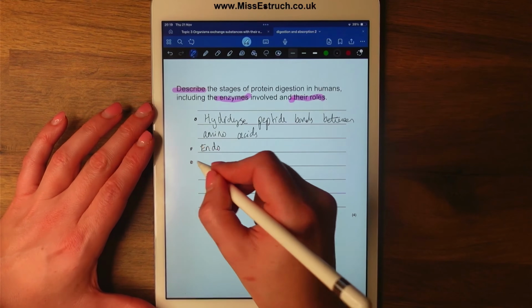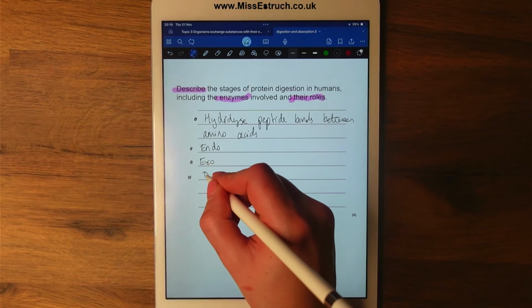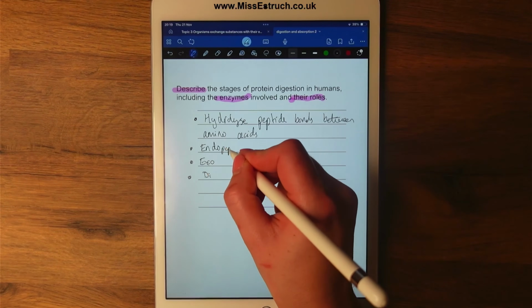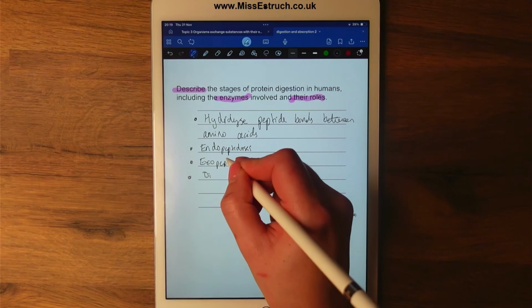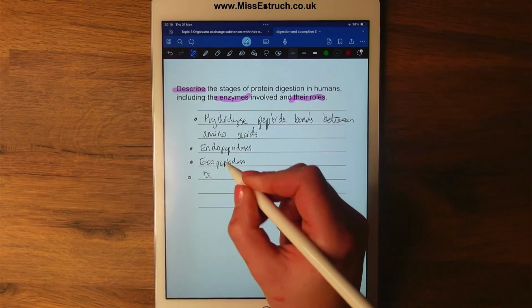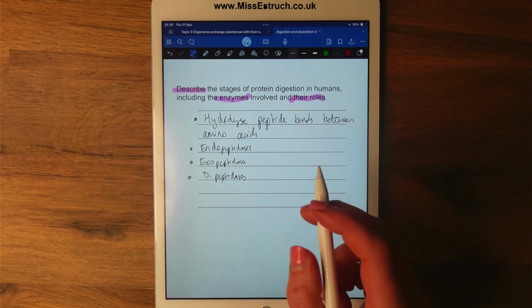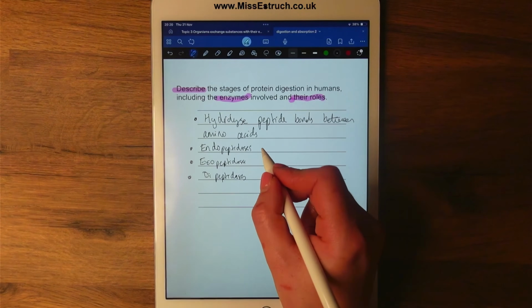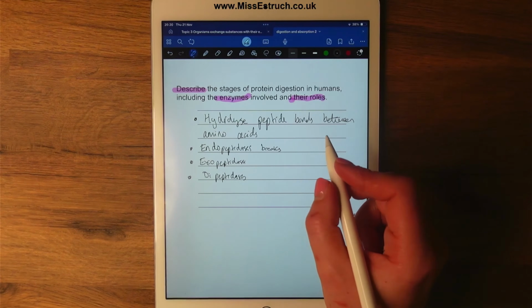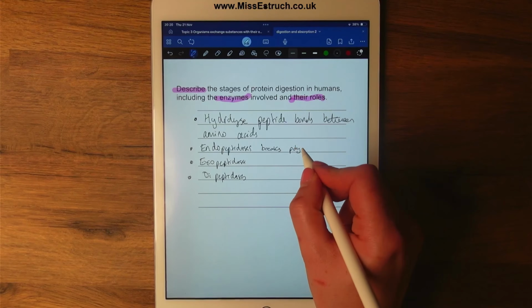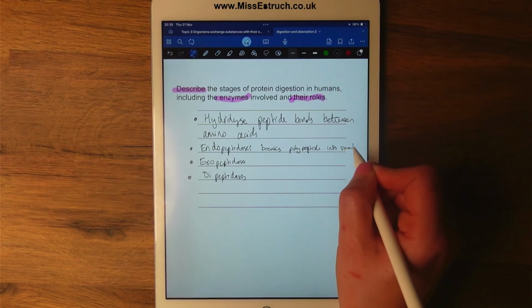So we've got endo, exo, and di. And then I'm just going to add in peptidases. So I'm going to say breaks polypeptide into smaller chains.